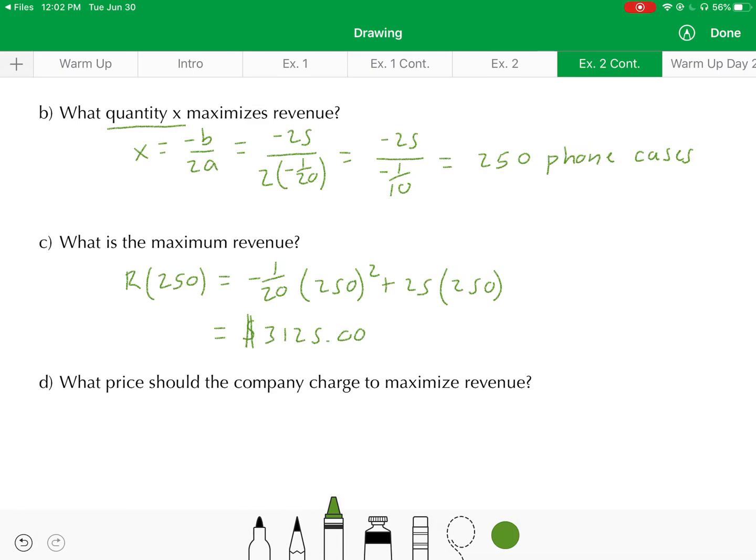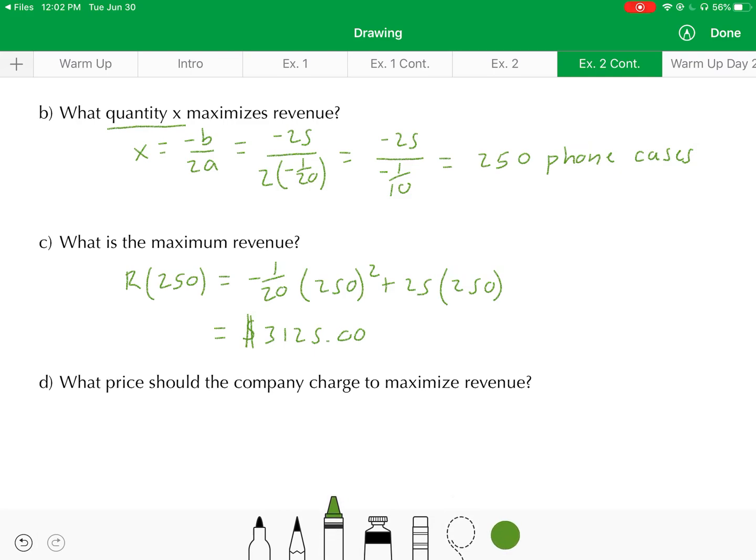All right. Now, part D, this is really important for the company. What price should that company charge in order to maximize the revenue? Okay, based on that demand equation that is ultimately defining the revenue function, we want to know what price should we sell each one of these at so that we can bring in as much money as possible.